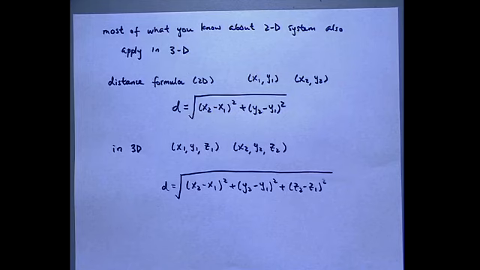For example, if I take this, just make up some numbers here. (x plus 4) squared plus (y minus 4) squared plus (z plus 1) squared is equal to 4.